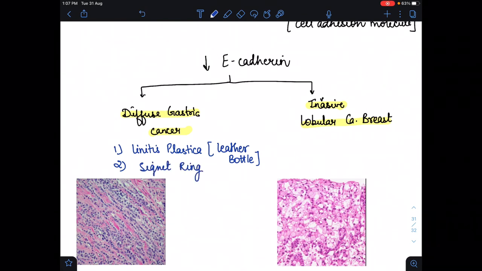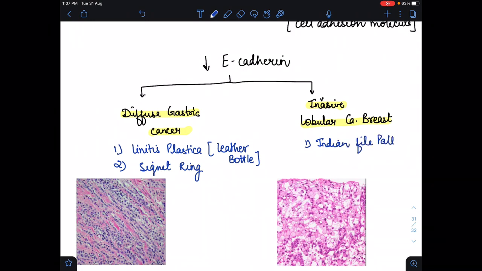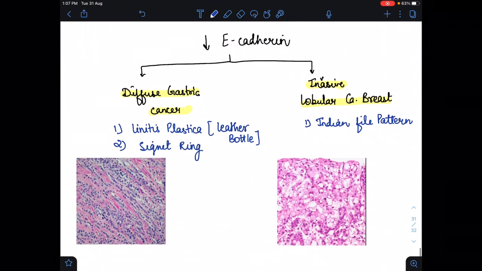So signet ring is also seen when there is decreased E cadherin level. While in invasive lobular carcinoma of the breast, we see an Indian file pattern. Please remember that in invasive lobular carcinoma of the breast, we see Indian file pattern.